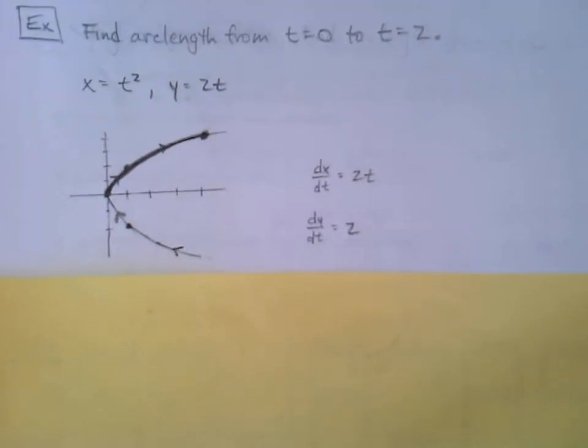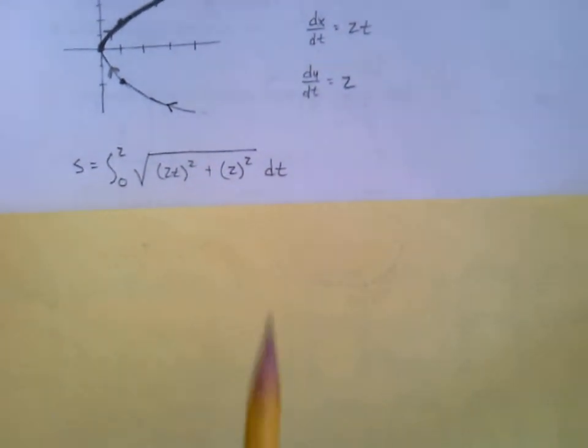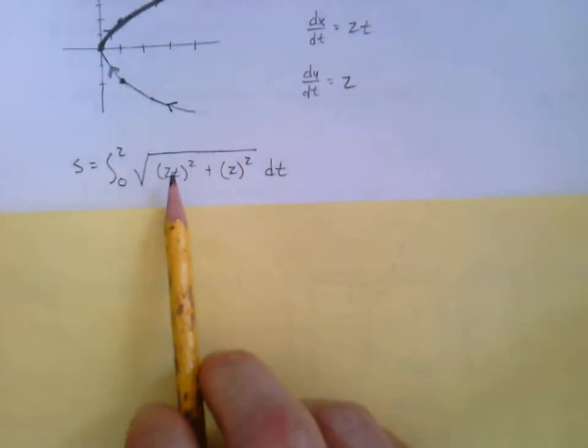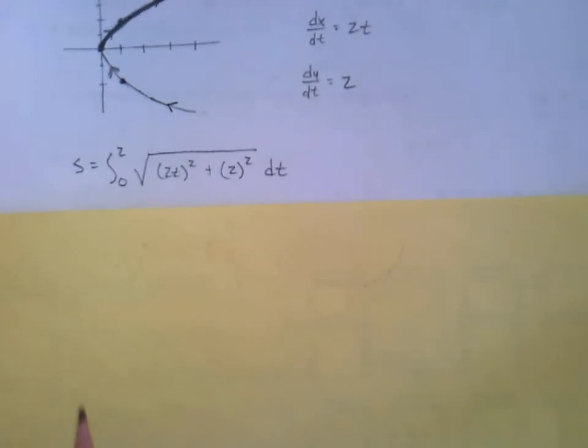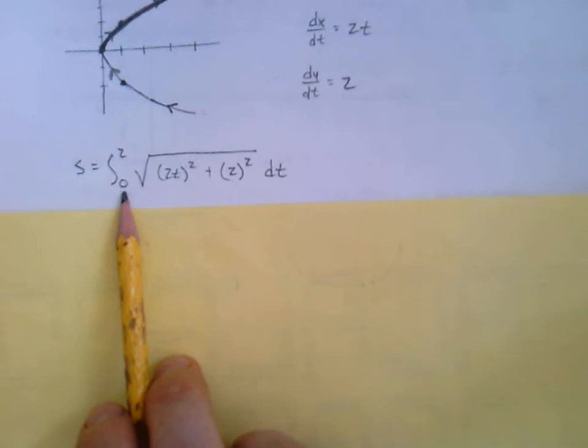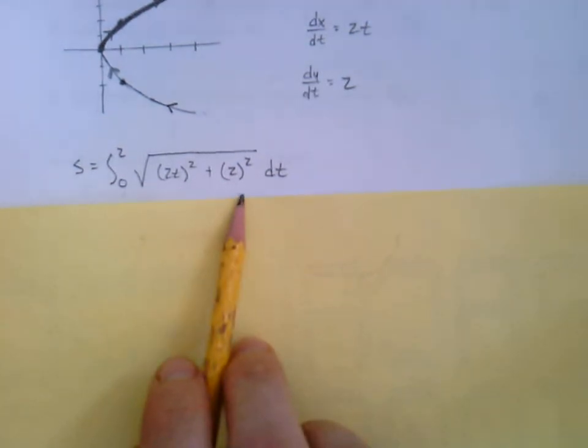And all right, we're going to plug those into our formula. Again, it's just square dx over dt, square dy over dt under a square root. And of course, our values of t are 0 to 2 in the integral. Pretty nifty.